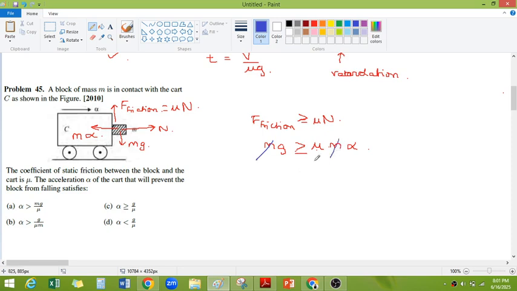So the acceleration alpha will be g by mu. Very often you will get confusion whether it is the greater than or less than symbol. The easy method: when the gravity is more, it will fall down, so the acceleration should be higher. As this value increases, this value will also increase.